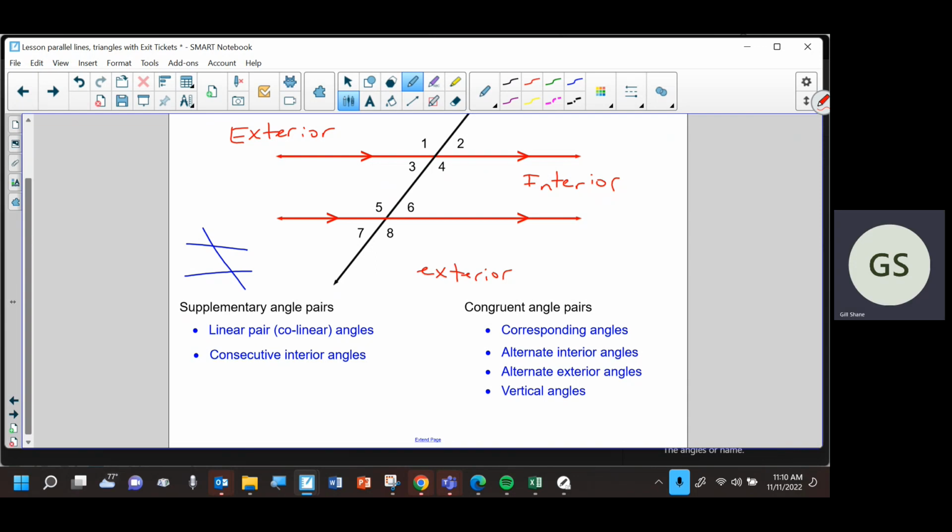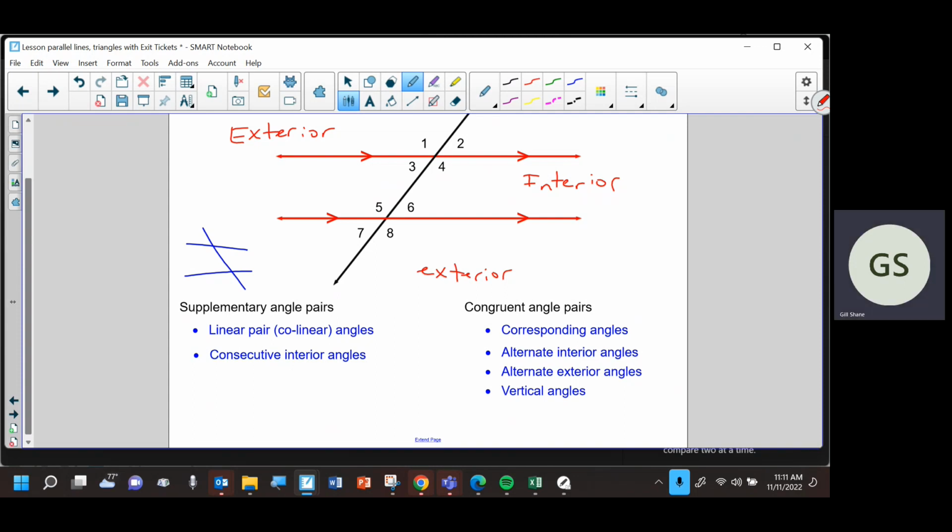We always talk about this in relation to only two angles. You're always just comparing two at a time. So remember that too, because sometimes you're going to get confused and think that 3 or 4 angles are interior, alternate interior angles. You can't do that. You got to just compare two at a time.